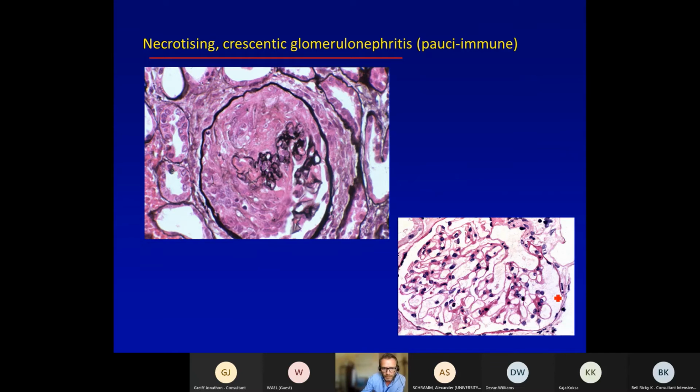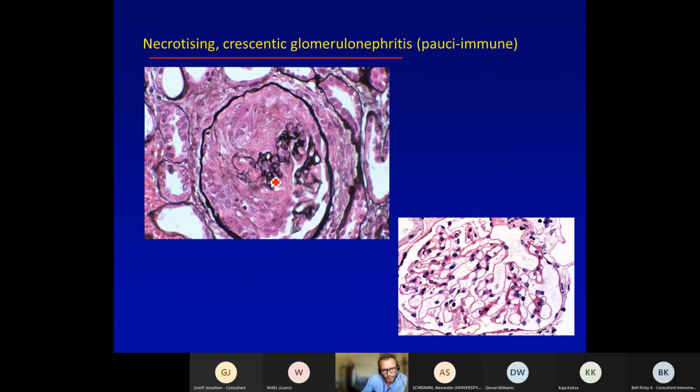So this is a normal glomerulus. This is a vasculitic glomerulus, and you can see it's been replaced by this mass of inflammatory cells. This is what's called crescentic glomerulonephritis, and you often see fibrin deposition within the glomerulus, which is indicative of necrosis. Again, the hallmark is that this is seen without the deposition of antibody and without deposition of complement, so it's so-called pauci-immune.